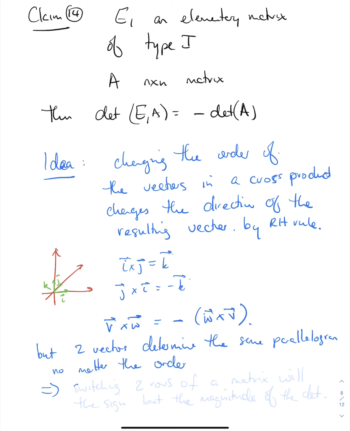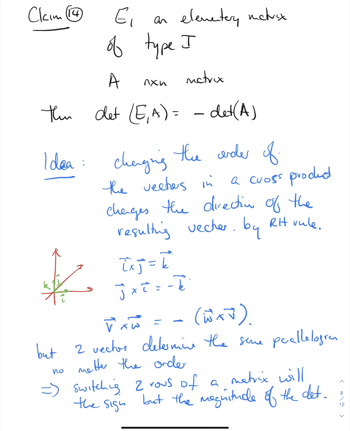So, switching two rows of a matrix will switch the sign, but not the magnitude of the determinant. That's the idea.